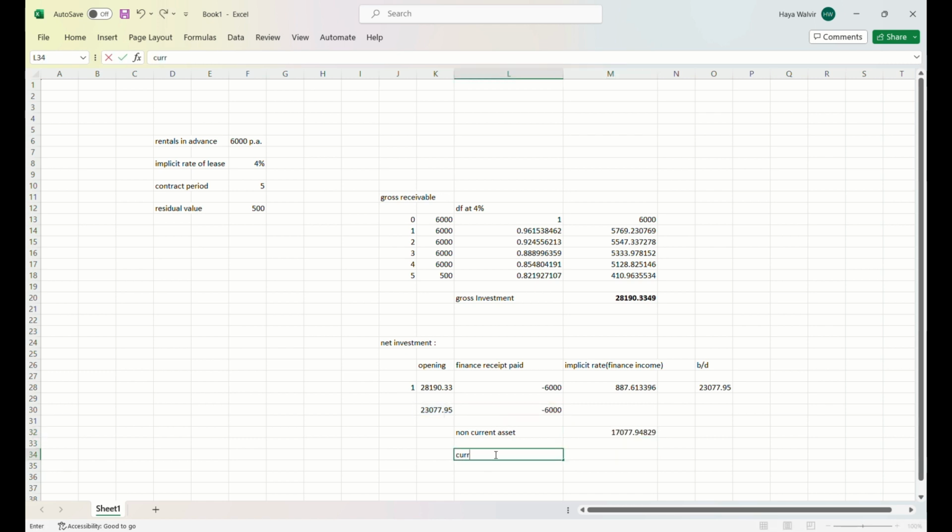And my current asset, that means a receivable that I am obliged to receive this year, would be simply this minus this, and I coincidentally end up getting 6,000. Okay, that's good.